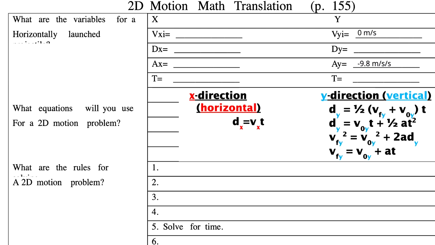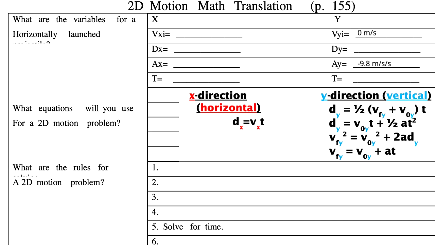We only have one equation here because there are no initial or final velocities in the X. The velocity never changes. Therefore, we only have one.